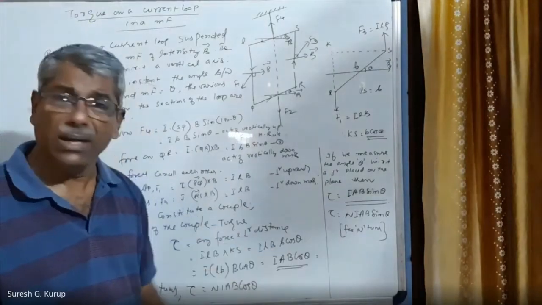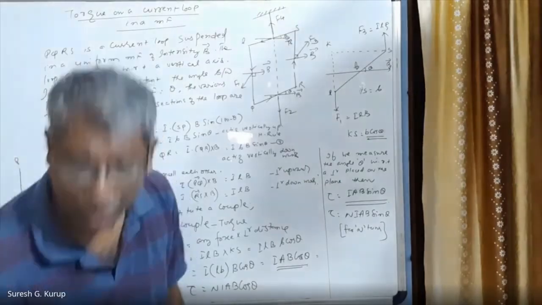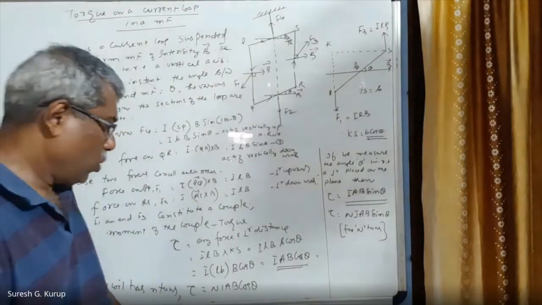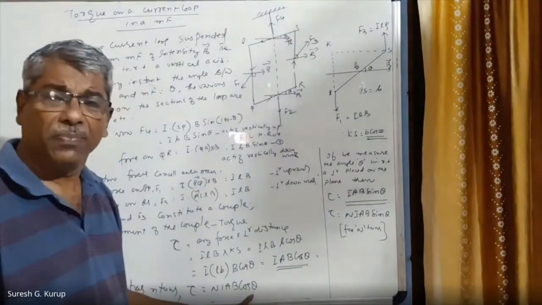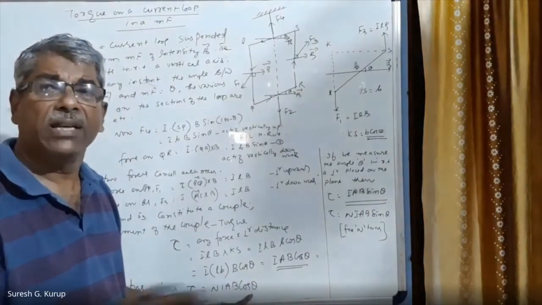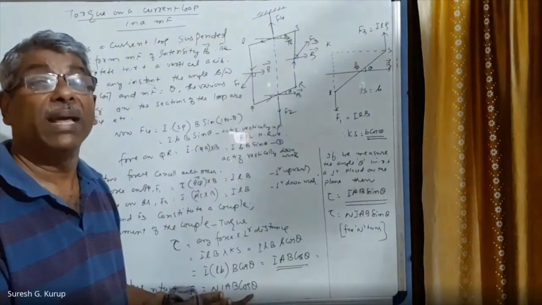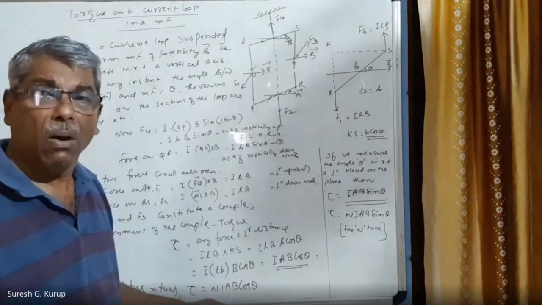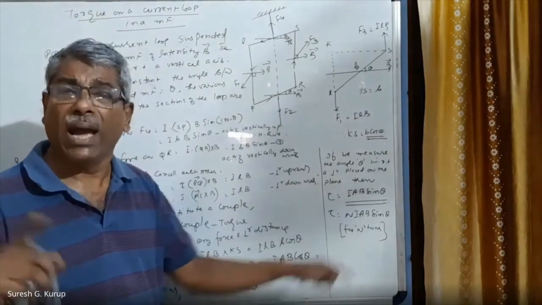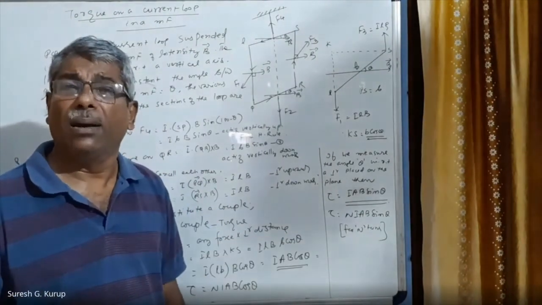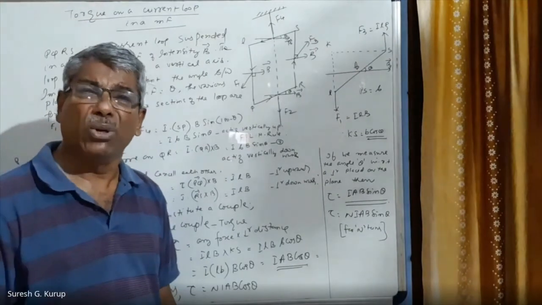But N is the number of turns of the coil, right? So you must understand that in this case, theta is equal to 0. Theta equal to 0 means the field lines are parallel to the plane of the coil. It is maximum. Or theta equal to 90 degrees means we are measuring the angle with respect to the perpendicular placed on the coil.